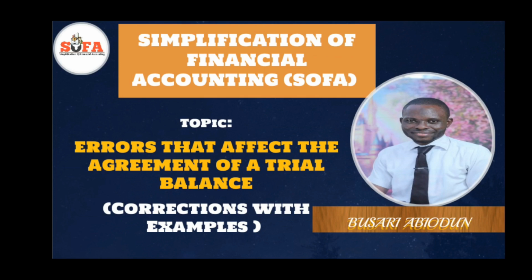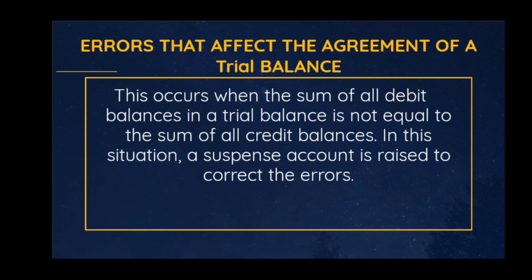So, errors that affect the agreement of a trial balance. This error occurs when the sum of all the debit balances in the trial balance is not equal to the sum of all the credit balances. Just like we know that trial balance is the test of arithmetic accuracy in the account.